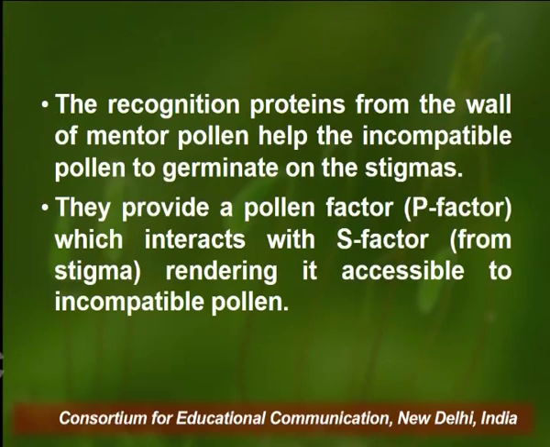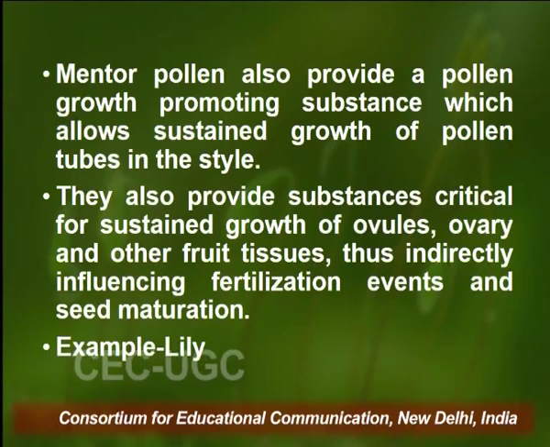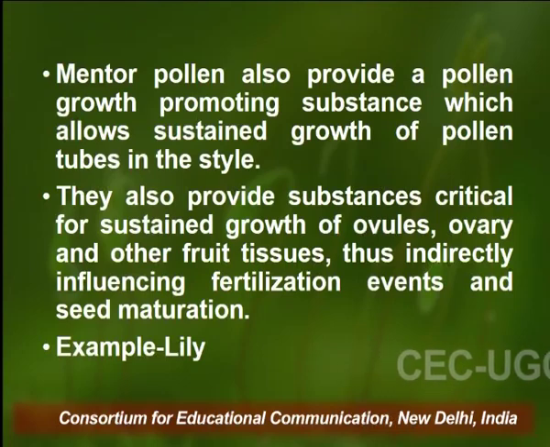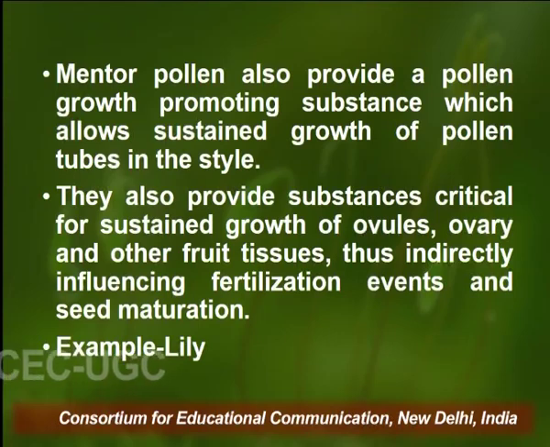They provide a pollen factor which is called the P factor, P from pollen, which interacts with the S factor from the stigma, rendering it accessible to incompatible pollen. Mentor pollen also provide a growth promoting substance. It is called the pollen growth promoting substance, which allows sustained growth of pollen tubes in the style.